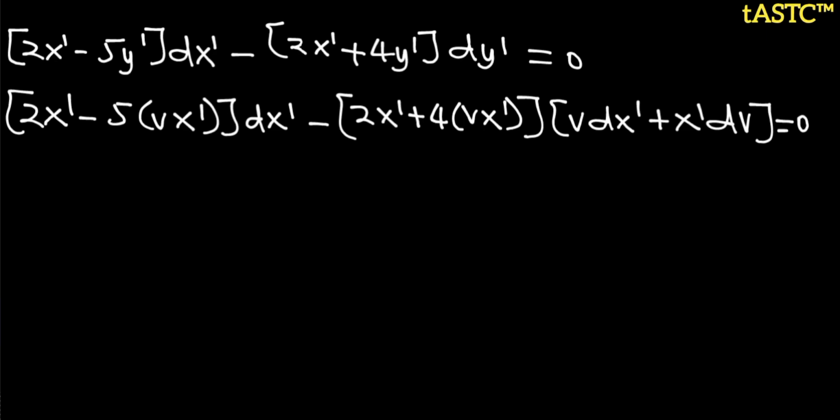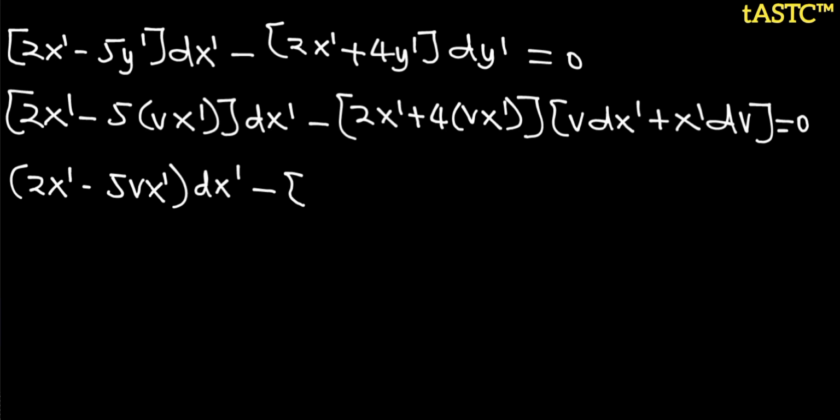Now going on, we actually need to make this become (2x prime minus 5vx prime) dx prime. And on this side, we're going to have something like this. So this will be something very big. I will need some space to do that. I'm just going to be more careful.